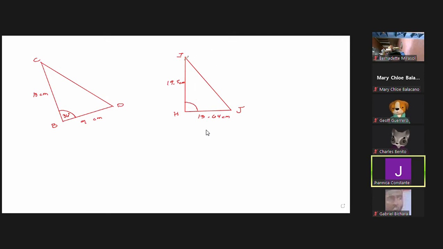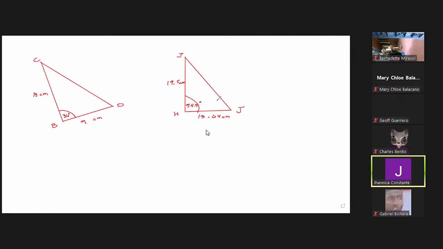Let's say this measures 54.5 degrees. Okay, so for example, those are the measurements of the triangle that we have.